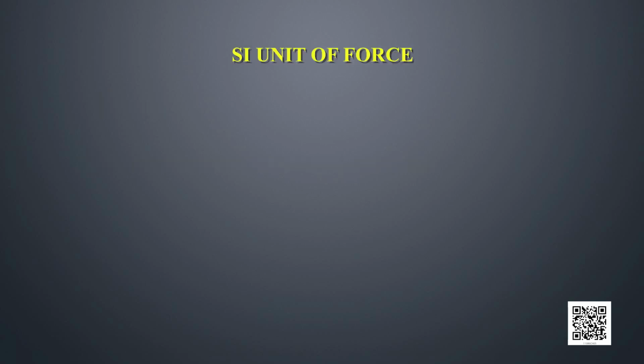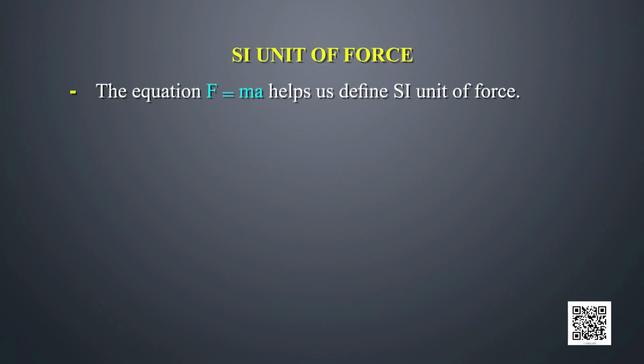SI unit of force. The equation F equals ma helps us to define the SI unit of force. The unit is called newton. It is denoted by capital N. Here I would like to mention one thing. The name of a unit never starts with a capital letter. Capital N Newton will mean Sir Isaac Newton.